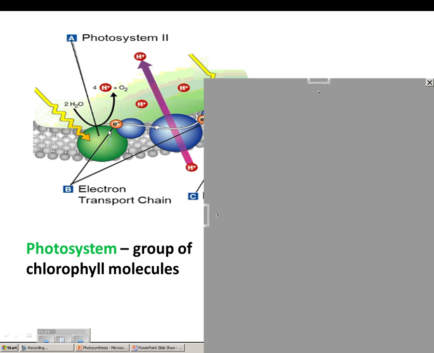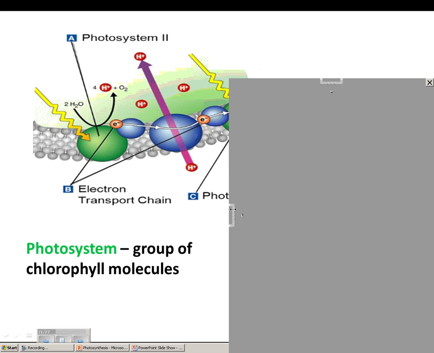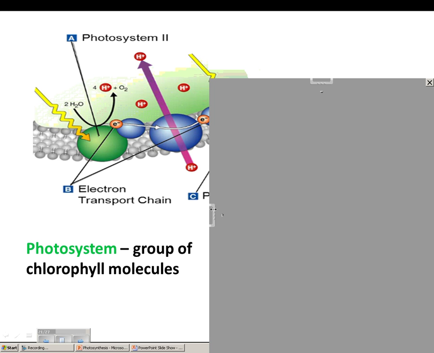Then these electrons are going to bounce down what's called an electron transport chain, and they're going to move to photosystem 1. So they go from photosystem 2 to photosystem 1. As they move, they're going to transport hydrogen ions from the stroma into the thylakoid by active transport.